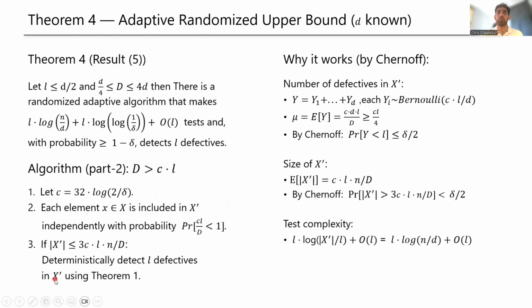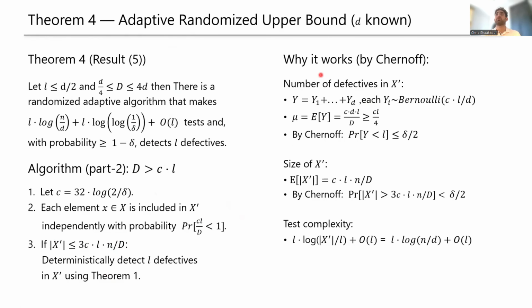And we have the new group X prime. If this holds, it is guaranteed that X prime has at least L defective items, or greater than L defective items, and hence we can use a deterministic theorem. So let's look into the math of why this works.